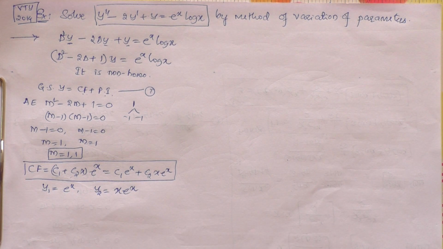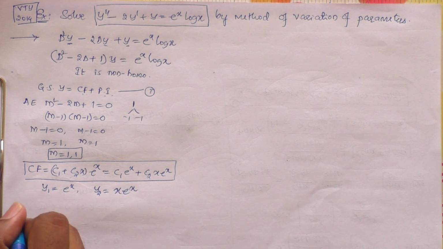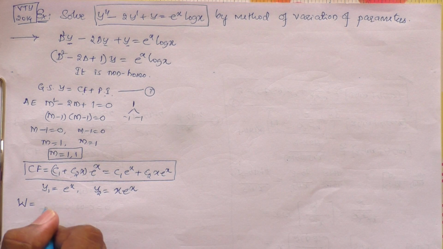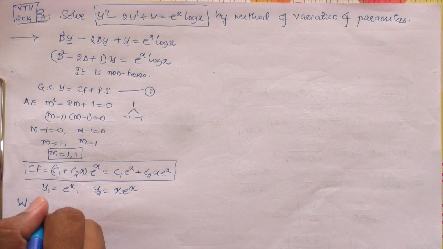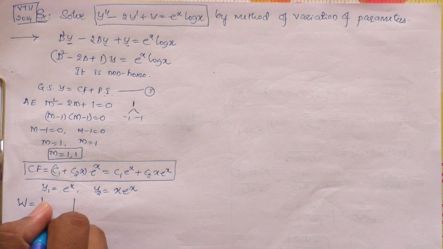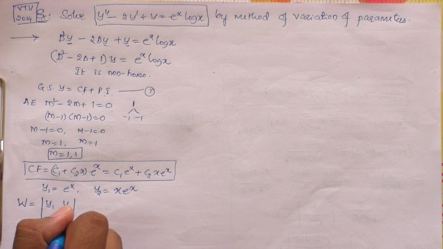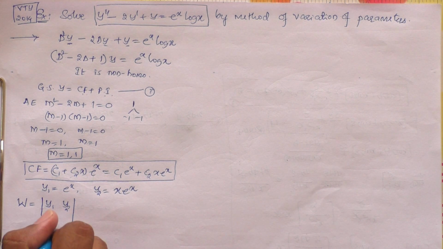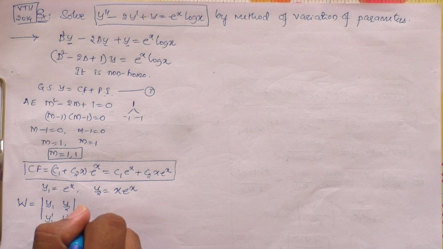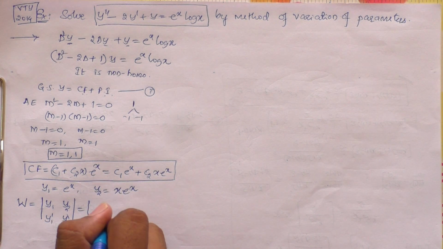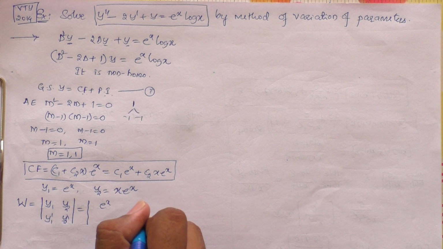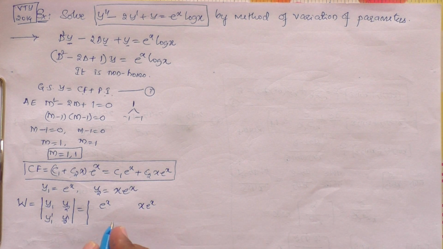So once you get y1 and y2, then you go for W, the Wronskian of y1 and y2, which is the determinant of y1, y2, y1 dash, y2 dash. So y1 is e raised to x, y2 is x e raised to x.